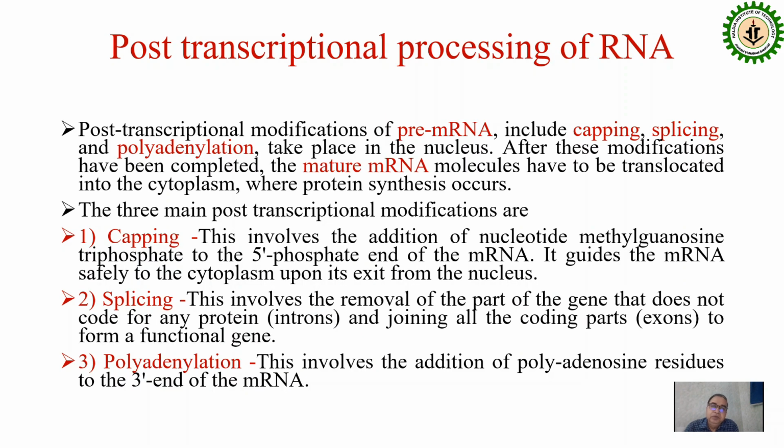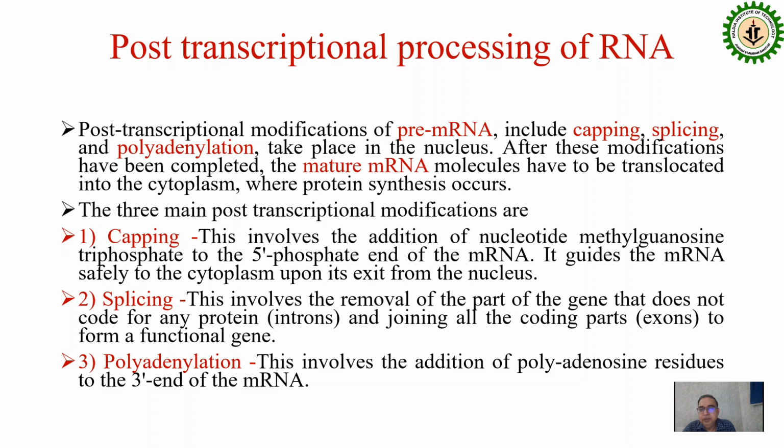The post-transcriptional processing of RNA includes three main processes. Number one is capping, which takes place in the 5' end of the RNA, and then there is polyadenylation, which occurs in the 3' end of the pre-RNA, and also there is another process which is called splicing.